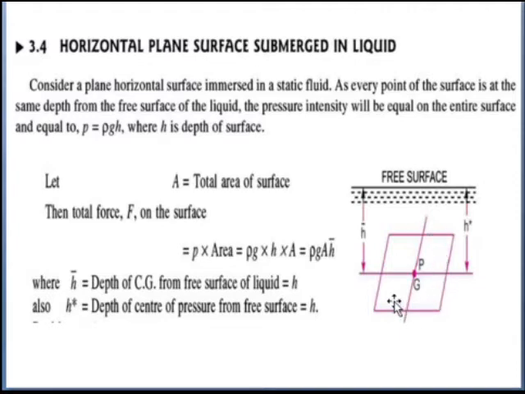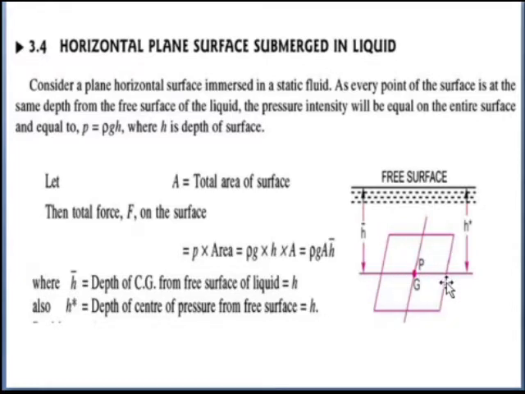Then the pressure intensity will be equal on the entire surface, P is equal to rho g h. Pressure intensity at every point is equal, which is equal to rho g h, where h is the depth of the surface. Consider A is the total area of the surface.